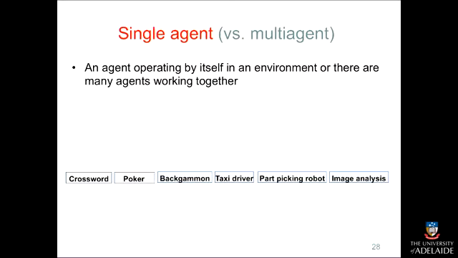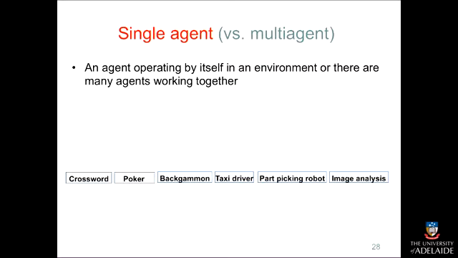And then finally, single agent versus multi-agent. Quite clearly, this is referring to there being one agent acting in a particular environment versus potentially multiple agents in a particular environment. So clearly crossword, you do that on your own. Poker, multiple agents, you're playing multiple people.